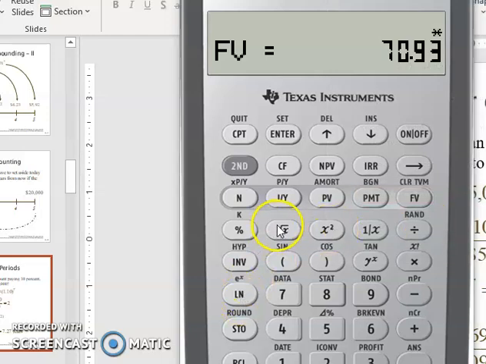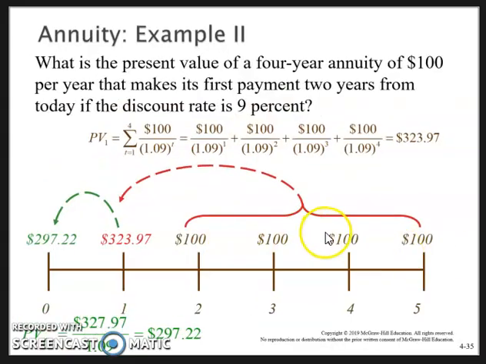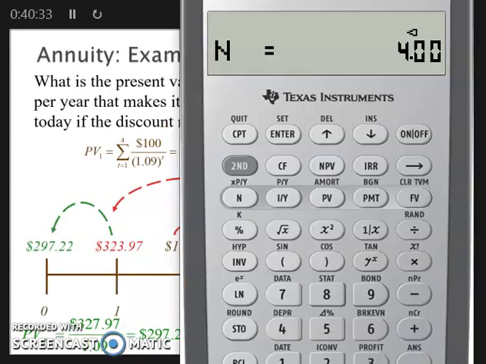All right. So we got 4 years at 9%, so that's 4 N, 9 I/Y.